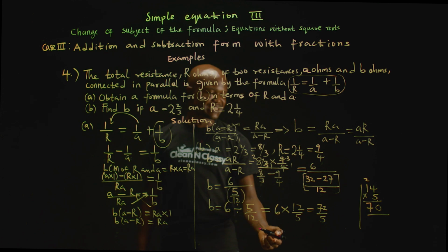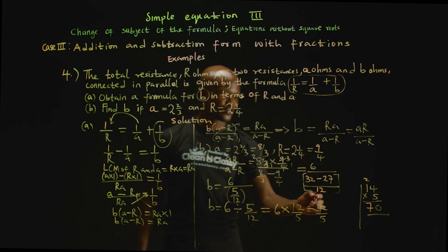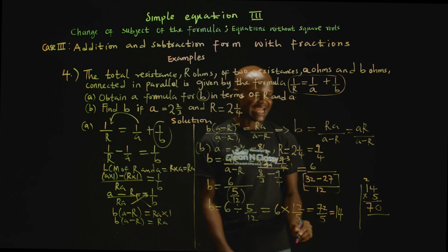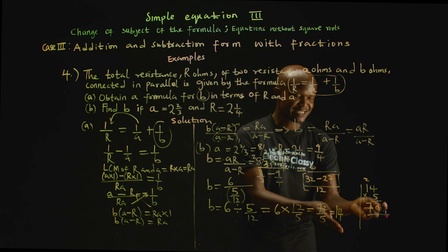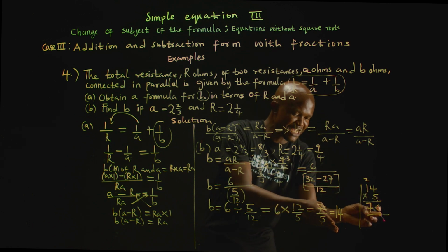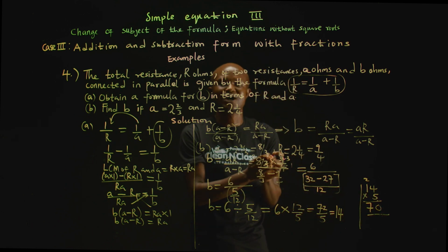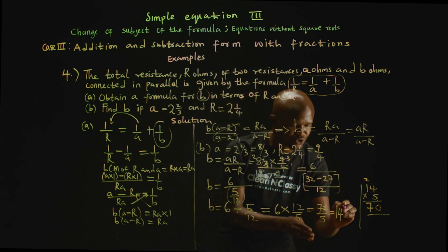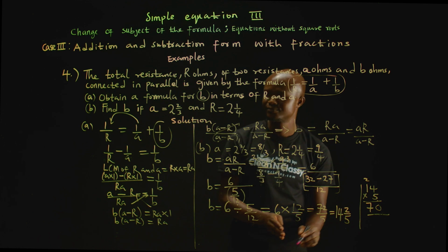So 14 times 5 is 70. So we have 14 as the whole number, then take away 70 from 72. The remainder is 2. So 14 and 2 over 5.